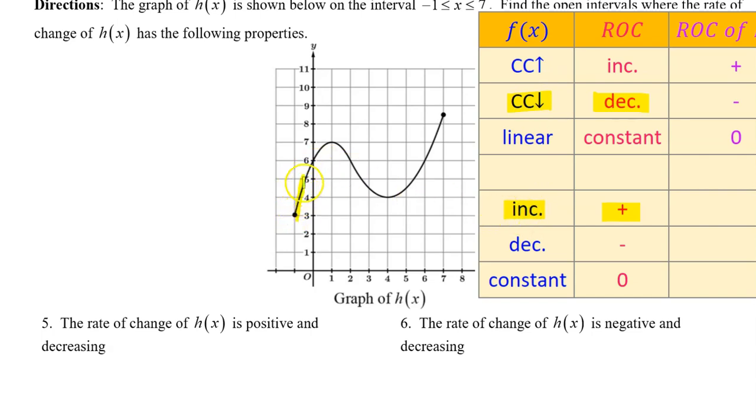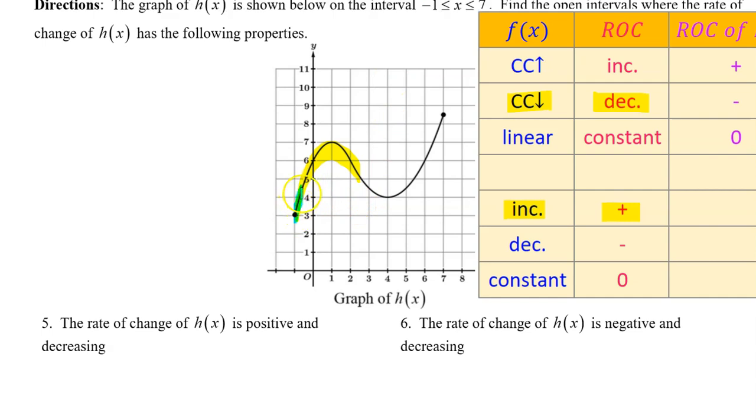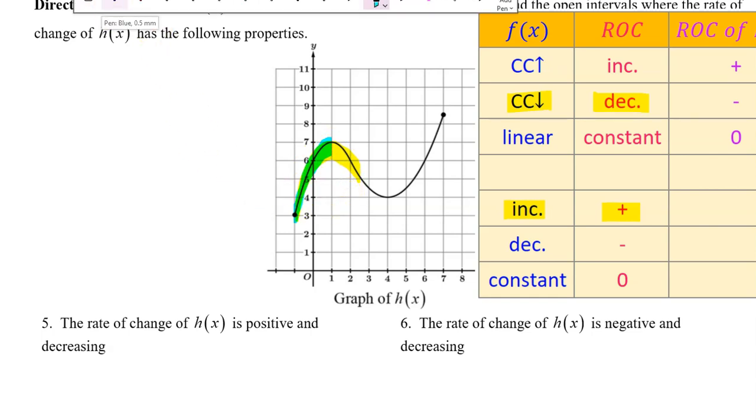So h of x is concave down roughly from here to about here. So what part of that is also increasing? Well, it's increasing for this first part from here until the relative max. So the open interval, meaning we're going to use parentheses, is going to go from -1 to 1.